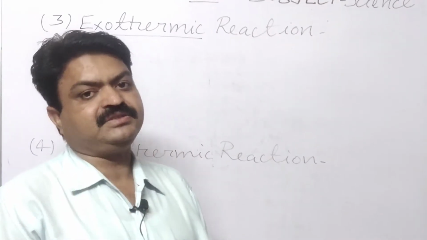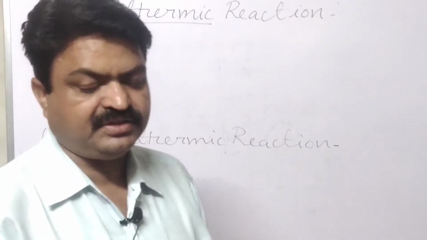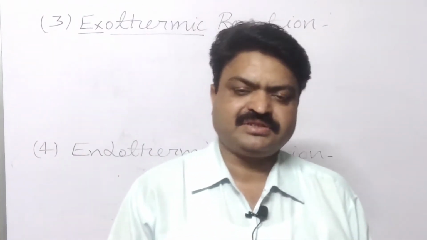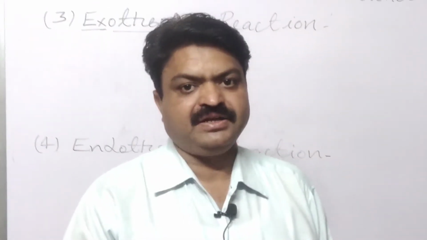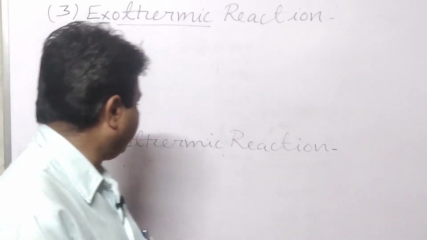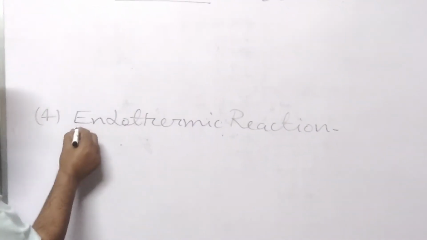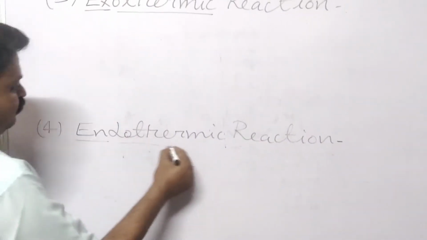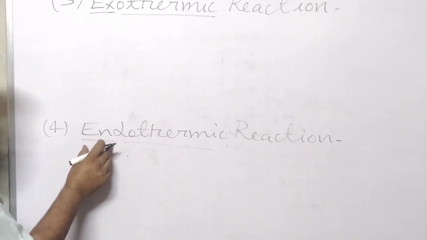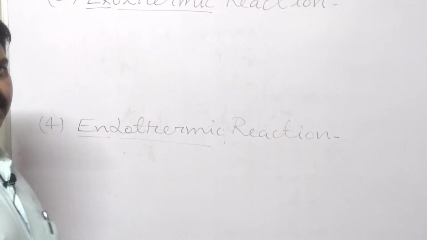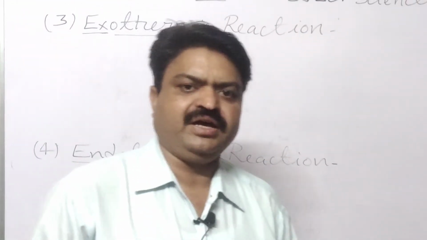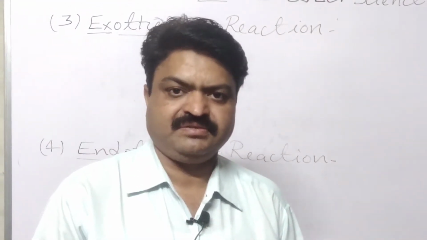Means if the energy is given out or released, then that chemical reaction is known as exothermic reaction. If the energy is absorbed, like here, it is endothermic. If the energy enters, then that chemical reaction is known as an endothermic reaction.